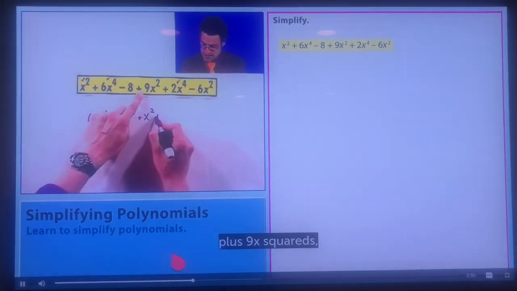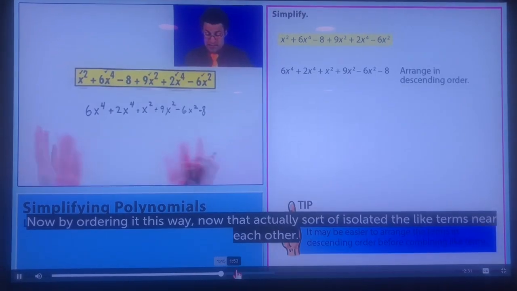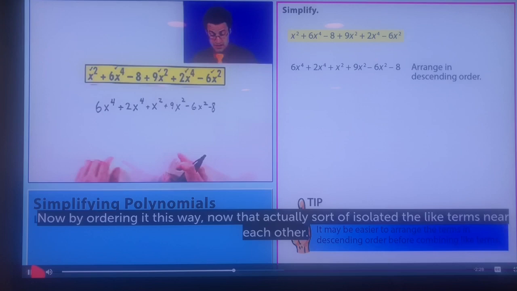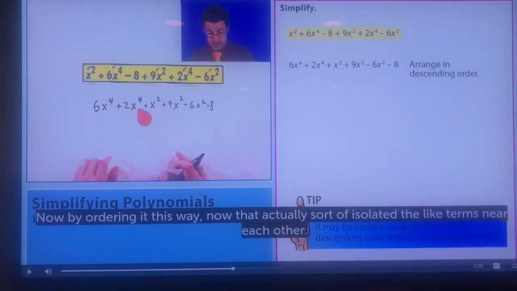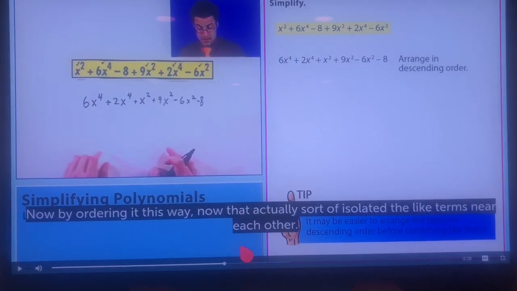We're going to fast forward a little bit here. Isolated the like terms near each other. Okay, so we put the x to the 4th near each other, the x squareds, 3 of those near each other, minus 8.